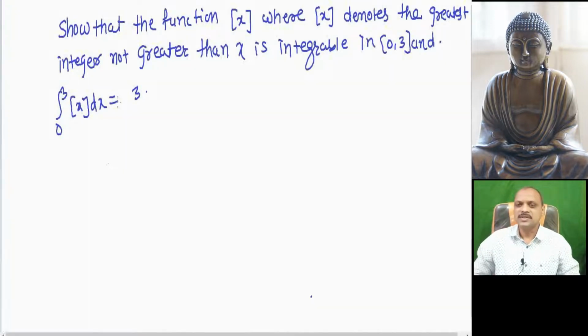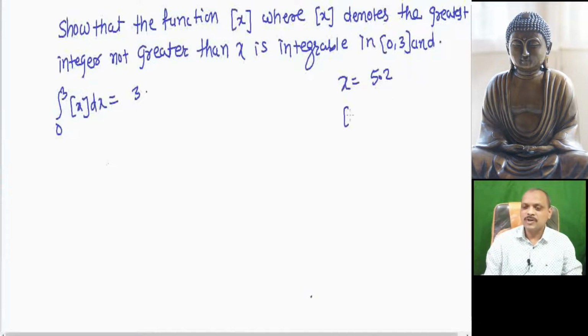Show that the function, bracket x, square bracket x, where square bracket x denotes the greatest integer not greater than x. That means if x is equal to suppose 5.2, then this function of 5.2 gives us 5, because the integer values up to 5.2 are 0, 1, 2, 3, from minus also, 4, 5 and 6.